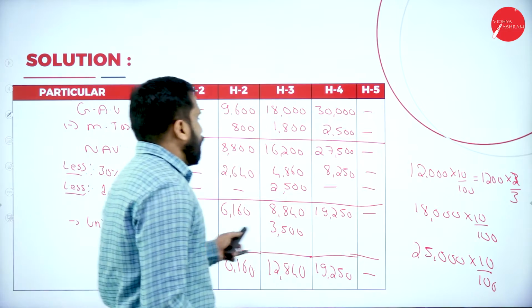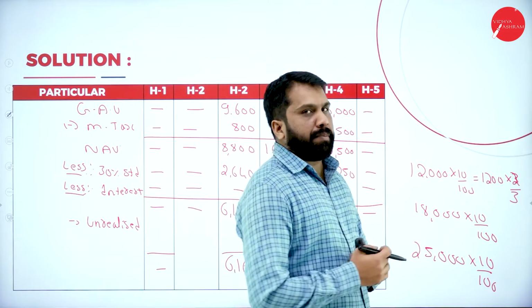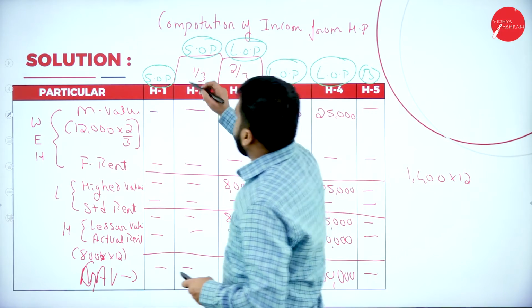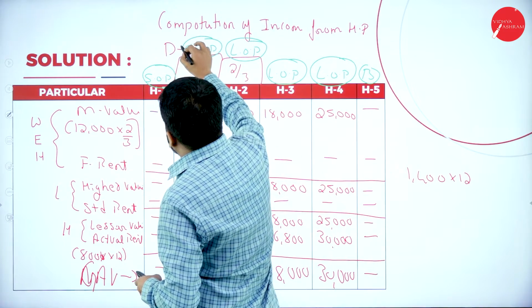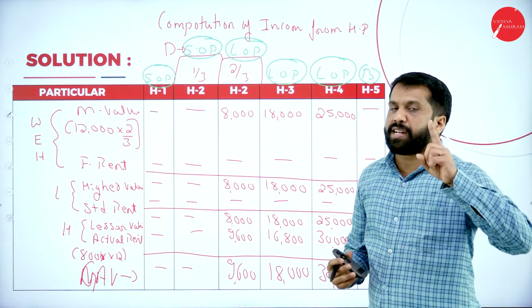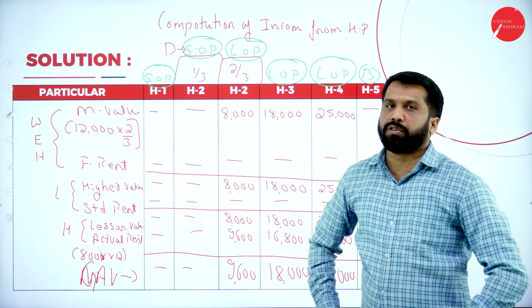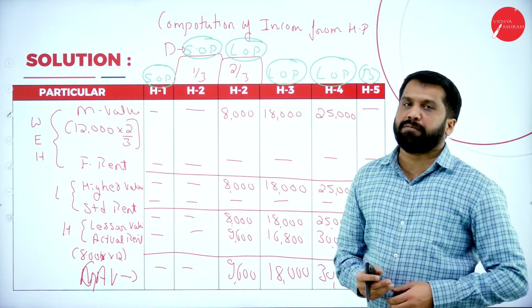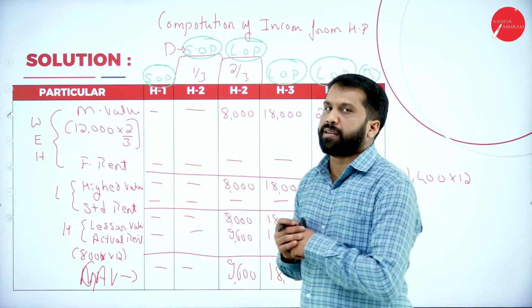Now this is all about your calculation. This is one type of problem. Now if we consider this as deemed self-occupied, what does deemed mean? We have permission to take one house as self-occupied. If you consider this as deemed self-occupied, what will be your calculation?